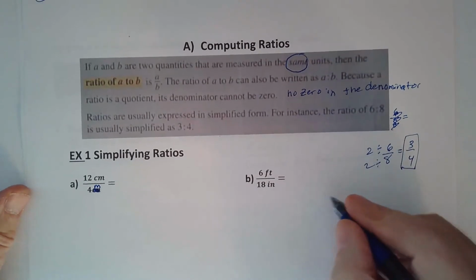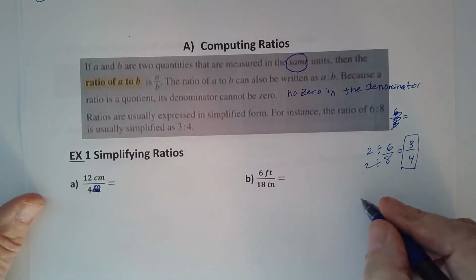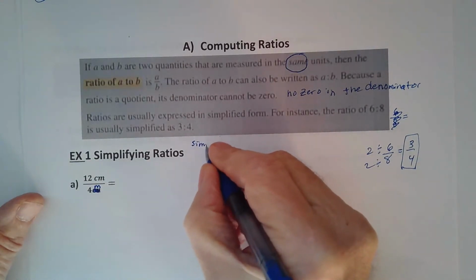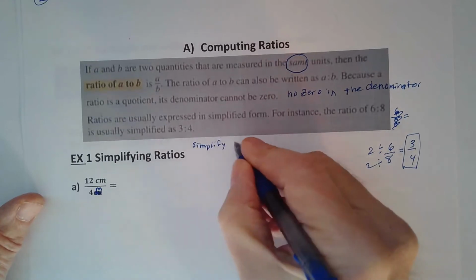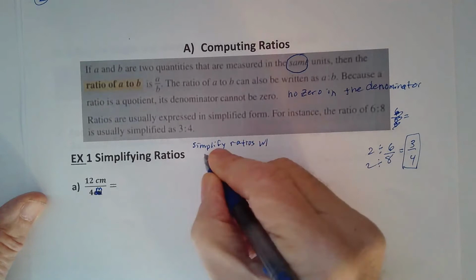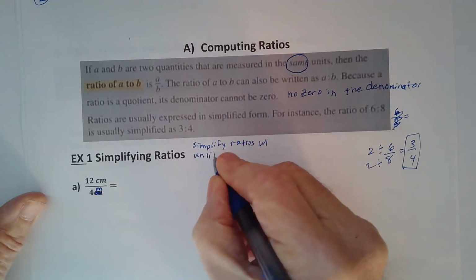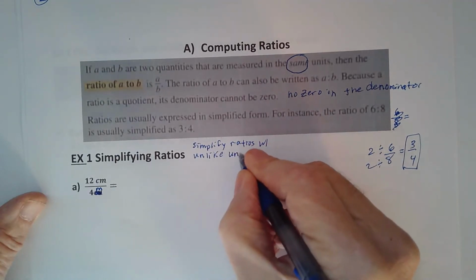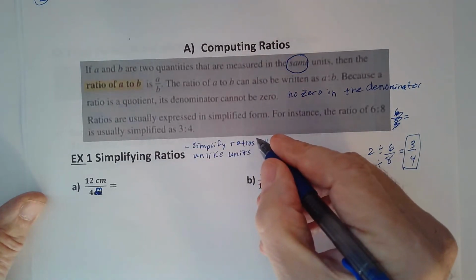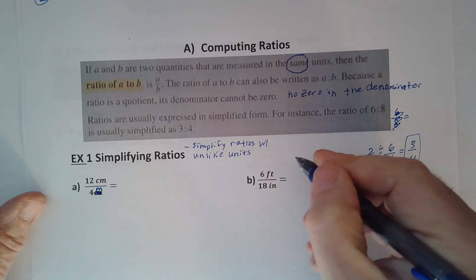So let's write this out here. Simplify ratios with unlike units, so that you can divide them, right?